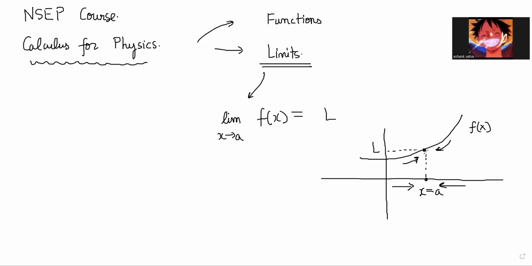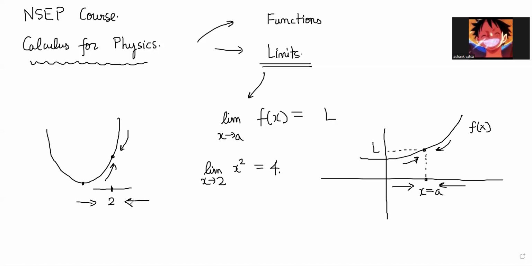So we saw some examples, like y is equal to x square. If you say limit of x tends to 2 of x square, the limit will be 4, because on the graph of the function, from both sides you are approaching the same value 4 as you come closer and closer to 2.